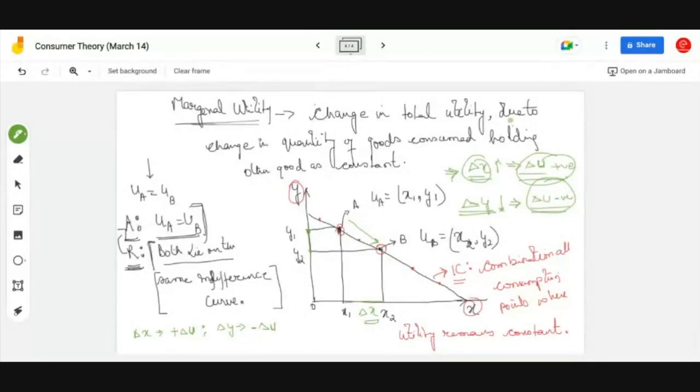Negative. Why? Zero, sir. According to mathematics, positive and negative is equal to negative. I have written positive and negative.